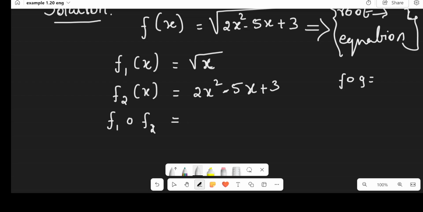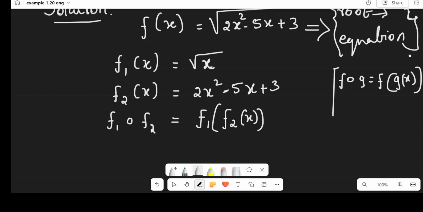The expansion of f1 of f2 is f1 of f2 of x. We can expand like this, right? Because in general, for f of g, we can write f of g of x. In the same way, I'm writing f1 of f2 of x.